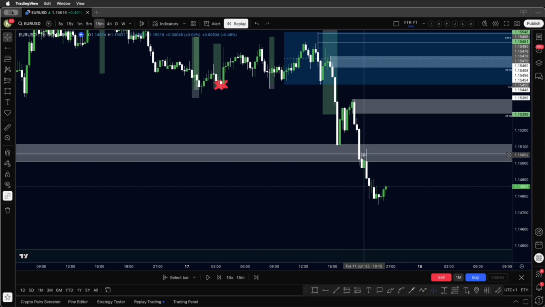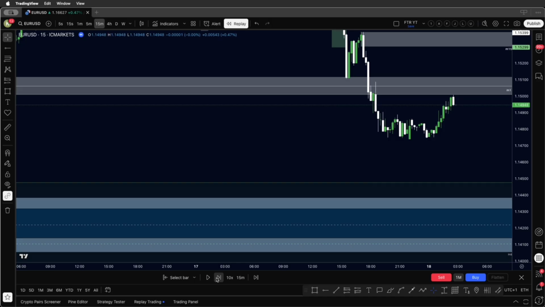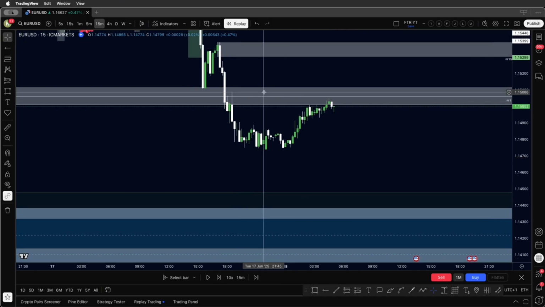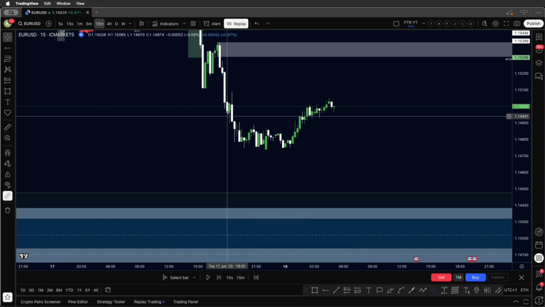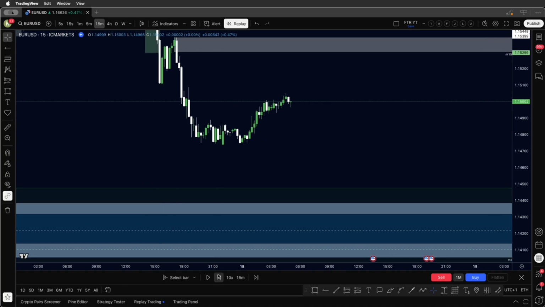Look at that, just a retest of the area. And we're heading down to the daily. Oh, this can all go. Sorry, it's been rammed through. But that's kind of like an order block, but not great.